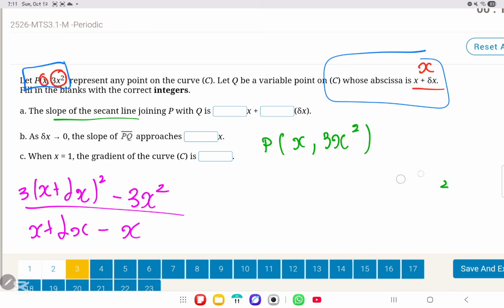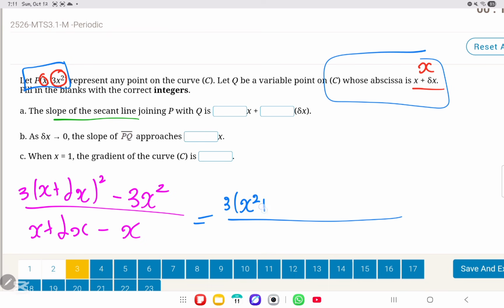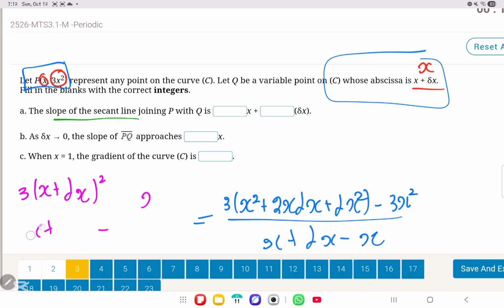So now I'm going to erase these because we already have them. And we will expand. So it's going to be 3 times x squared plus 2x delta x plus delta x squared minus 3x squared over x plus delta x minus x. Now I'm going to erase from this side so we can simplify it even more.